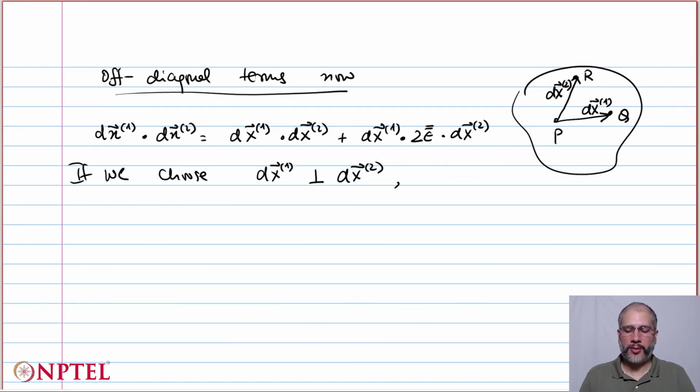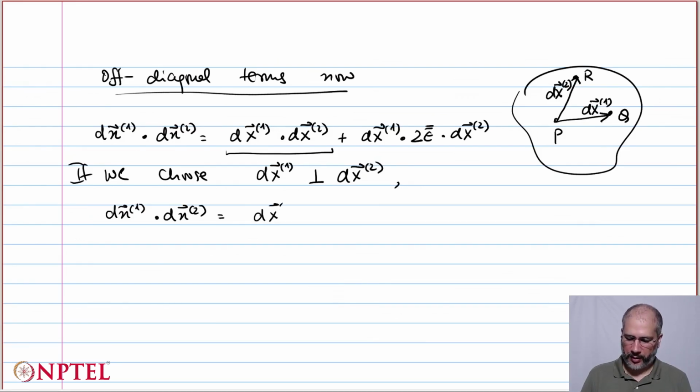So if my d capital X1 is perpendicular to d capital X2, the above equation becomes d small x1 dotted with d small x2. Now this d capital X1 dot d capital X2 becomes 0. So we have d capital X1 dot twice epsilon dot d capital X2.